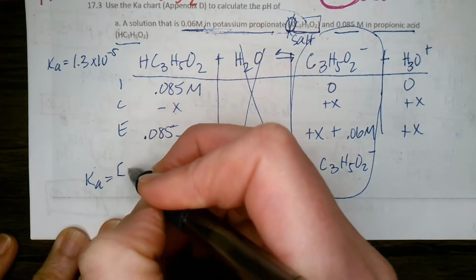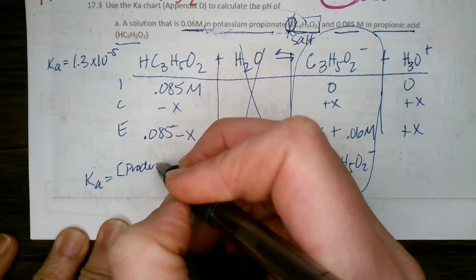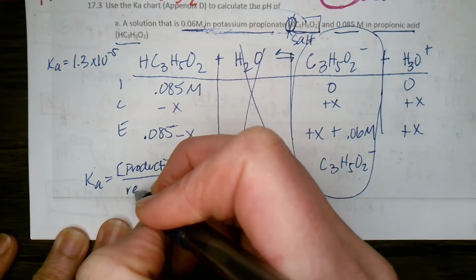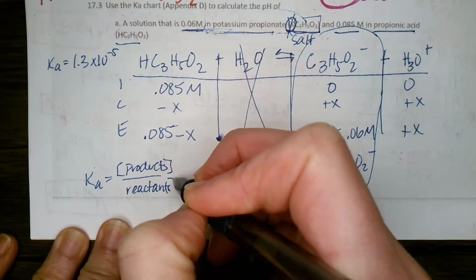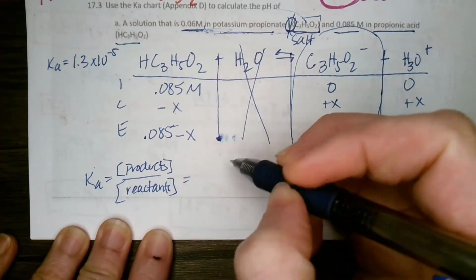So let's see what we have now. If we look at our Ka, we're going to say Ka is equal to our products over reactants.